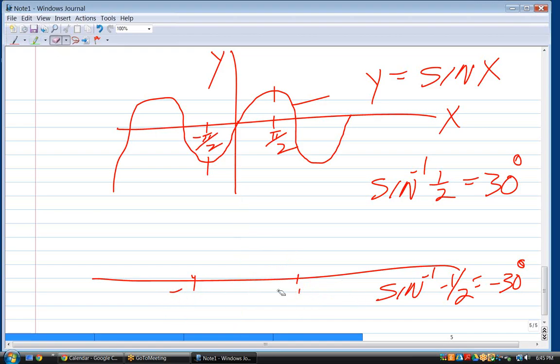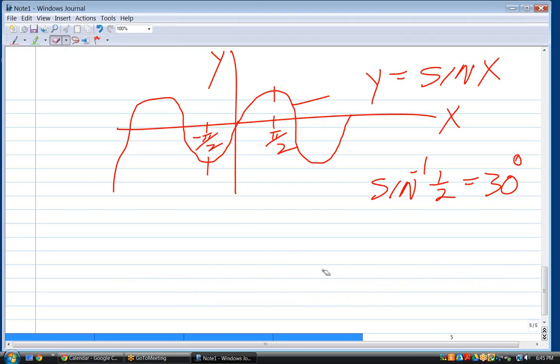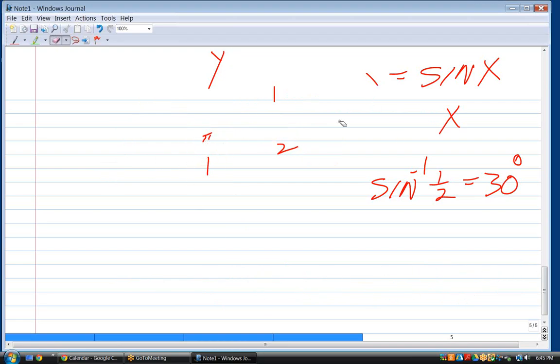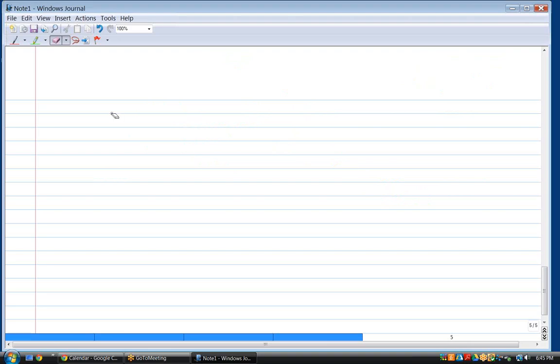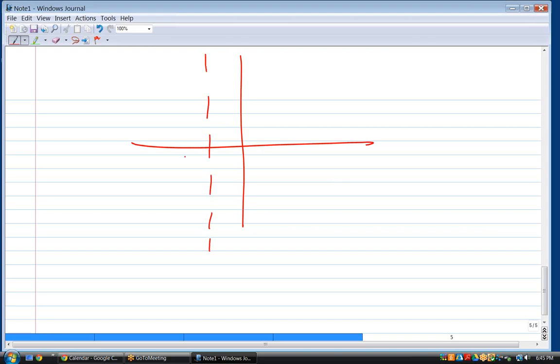Okay, so that's for the sine. Well, the same thing with tangent. In other words, tangent has to be restricted to the first and fourth quadrant in order to even talk about its inverse. Notice that if I draw the tangent, that's minus pi over 2. That's pi over 2. As long as that's the only period I'm talking about, that's 1-to-1.